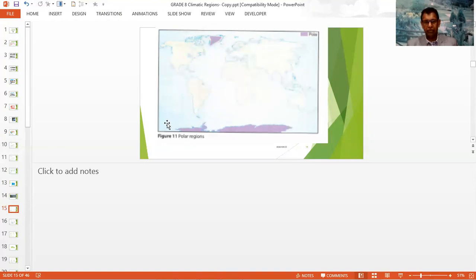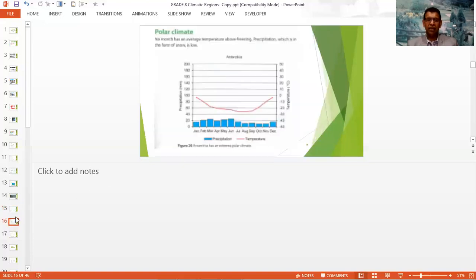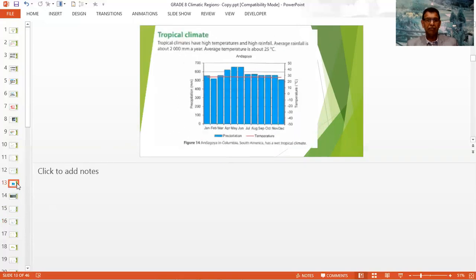There's our South Pole. One will note along the polar areas, there's our climatic information, and you will note the rainfall graphs are very low. In the month of January, we're receiving about 18 millimeters, as compared to 550 millimeters for the month of January near a tropical area.